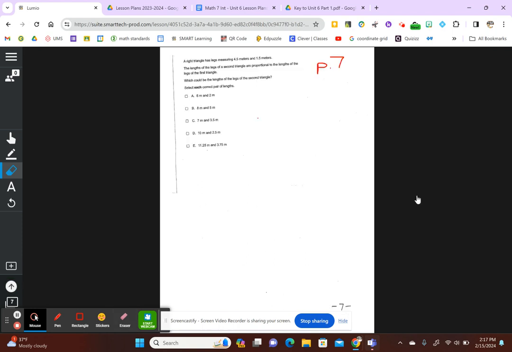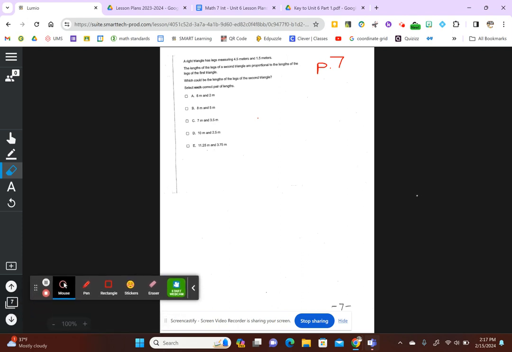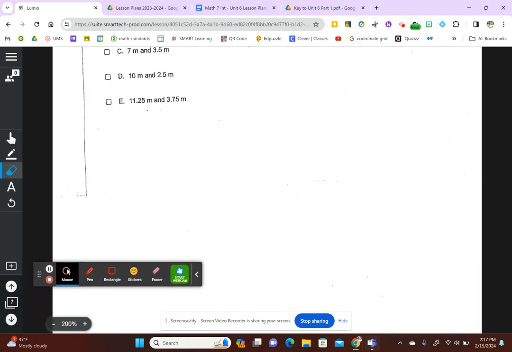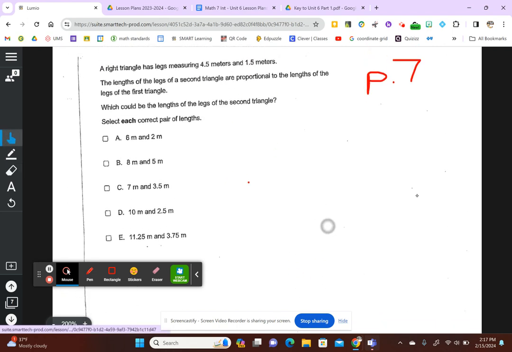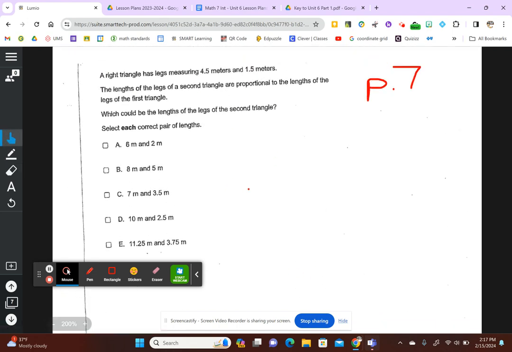Okay. And I have to get this bigger, so let me try to move this. Okay. So on page 7, it says a right triangle has leg measures that are 4.5 by 1.5.